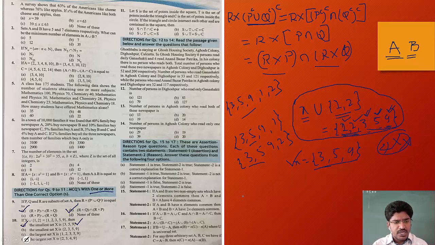So, in the option D, what they have given? {2, 3, 4, 9} they have given, but this 4 is not correct, because in the union there is no 4. That is why option D is not your answer. Therefore, option A and option C will be the correct answers.